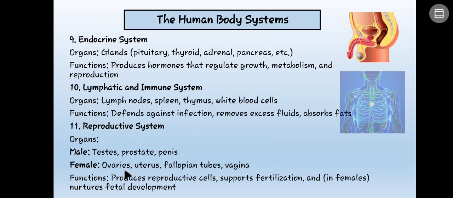They are different. For the male organs, we have the testes, the prostate, and the penis. For the female organs, we have the ovaries, the uterus, the fallopian tubes, and the vagina. The functions of the reproductive system are to produce reproductive cells, support fertilization, and, in females, nurture fetal development.